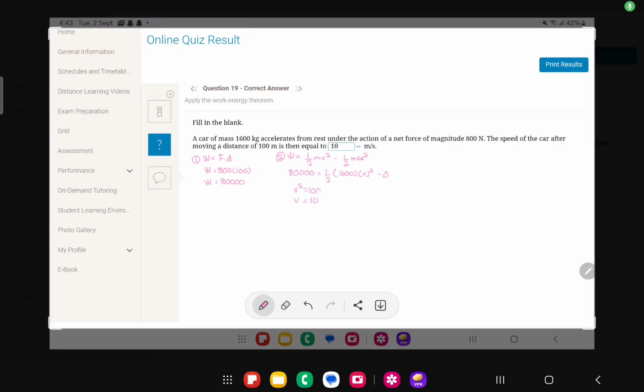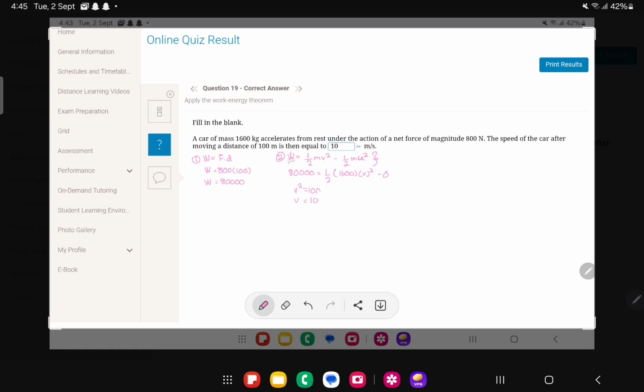For this one, they gave you all this information, and they want you to find the speed of the car after moving the distance. The only equation we took that included speed is this one, which is called the work energy theorem. We have everything we need for it but work.